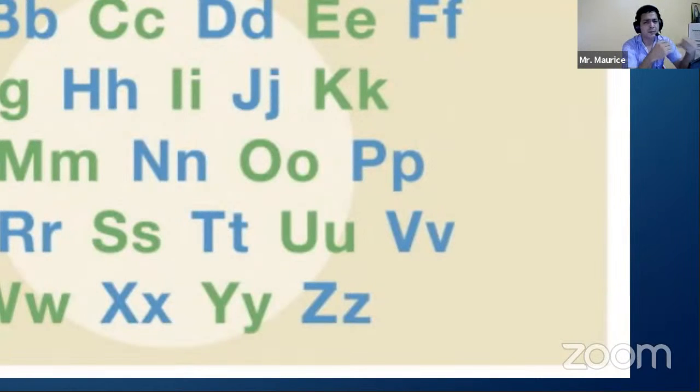Como la pronunció hace un momento Catherine, ¿alguien sabe qué variación de inglés es si pronunciamos la Z como Zed? ¿Será inglés americano o inglés británico? Inglés británico. Sí. So you said British or American English when we pronounce Z? Es británico.